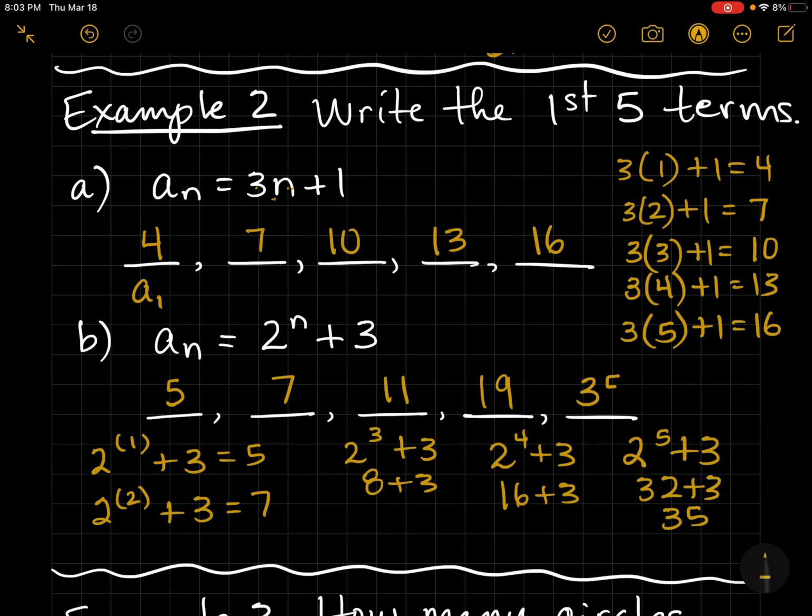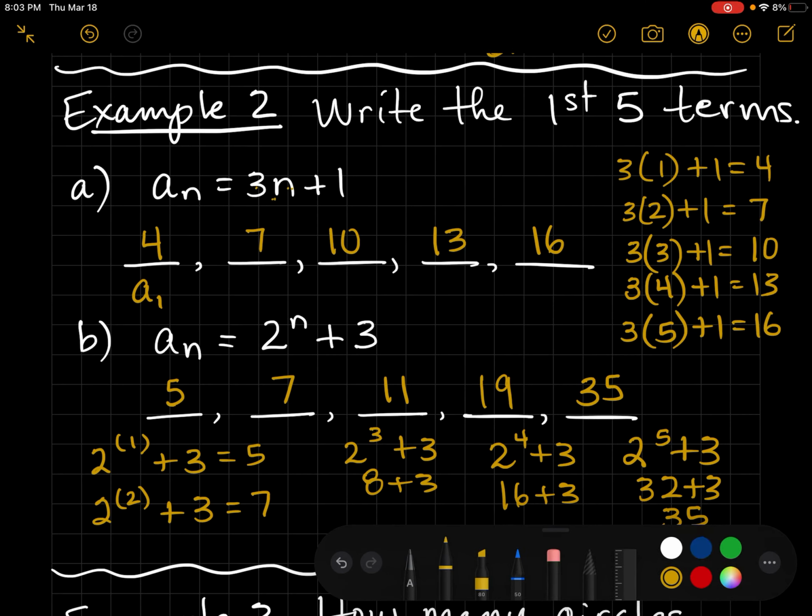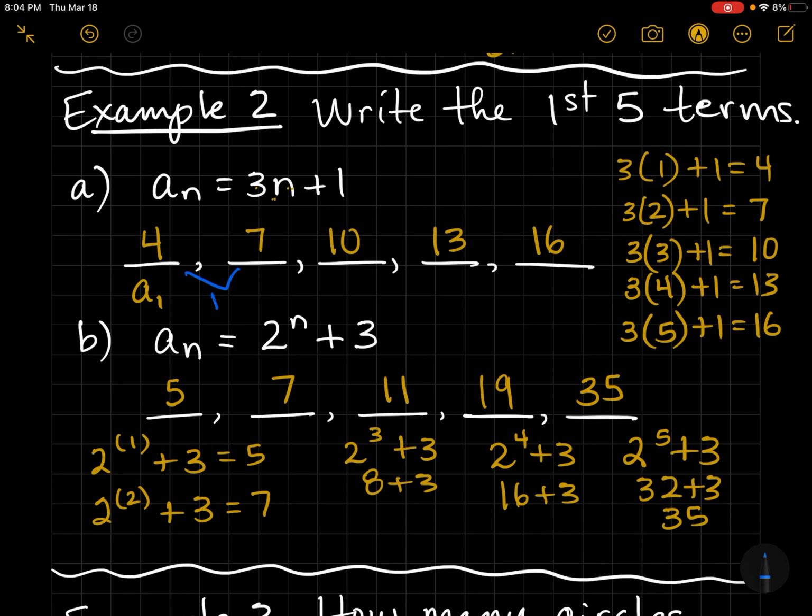So we have a formula that we can use. However, I do want you to notice that there's some patterns going on here, even though we didn't have to depend on them. Notice that we're increasing by 3, and you can see that slope is 3.